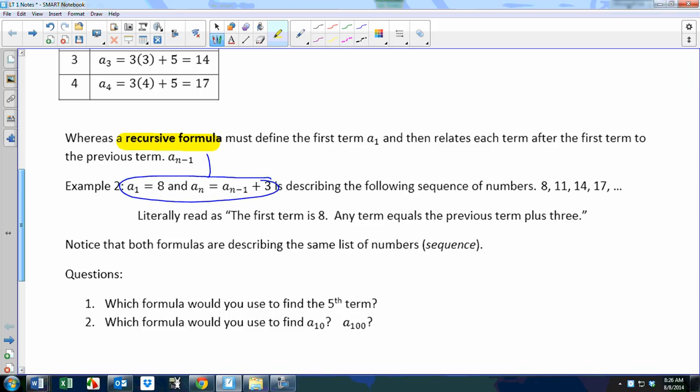of a recursive formula, it's got a little 1 equals 8. So you say that a sub 1 equals 8. And what that means is first term is 8. Then a sub n equals a sub n minus 1 plus 3 simply means you know the first term, right? You don't know the second term.